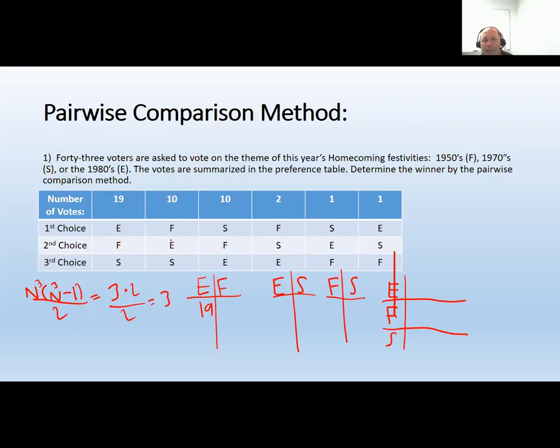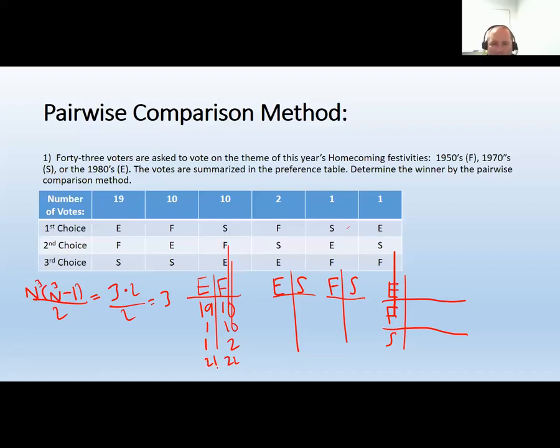In the next column, these 10 prefer F to E. In the next column, these 10 prefer F to E. In the next, these 2 prefer F to E. In the next column, these prefer E over F. And in the last column, that one voter prefers E over F. If you calculate the totals, F has 22 points and E has 21 points.